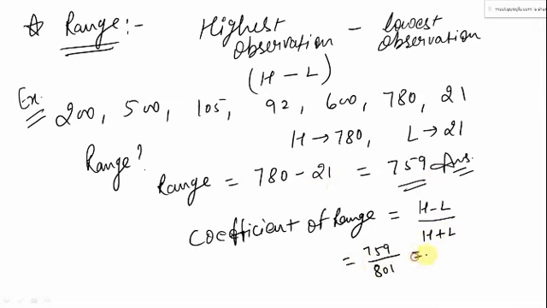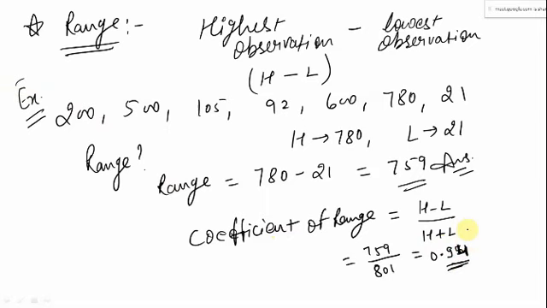So 759 divided by 801 is 0.9 something. 0.95, or 0.94, some round off might be done. So 0.94 is the coefficient of range for this particular example we have taken.